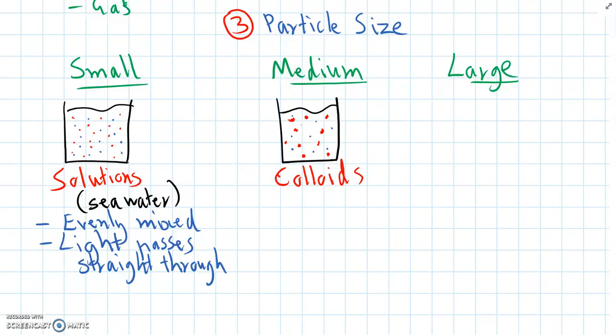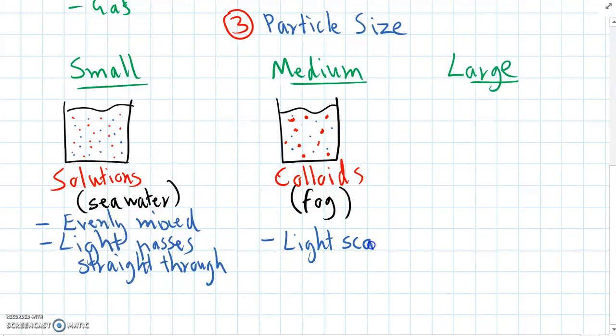And one example of this is fog, which has medium-sized particles of water that are mixed into air as the main material. And the main feature of colloids is if you shine a light through them, the light scatters, which means if we shine a beam through it, we can see the beam as it passes through.